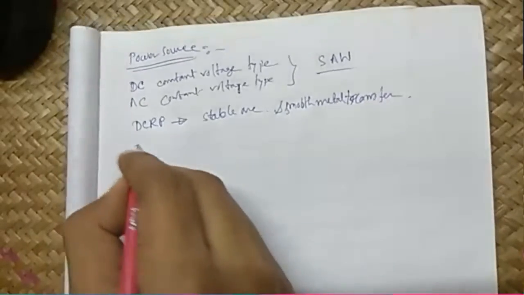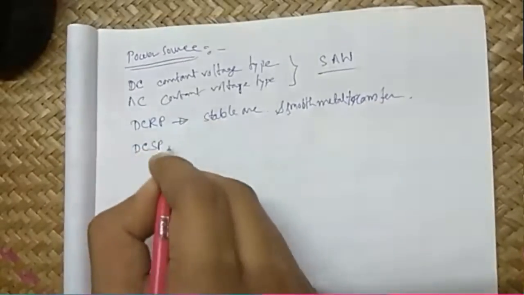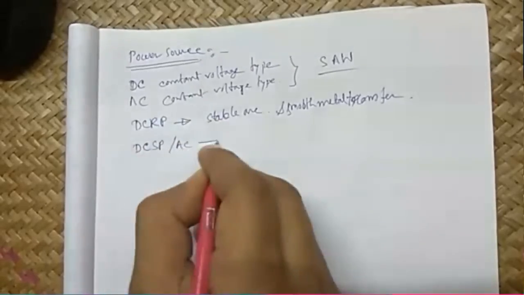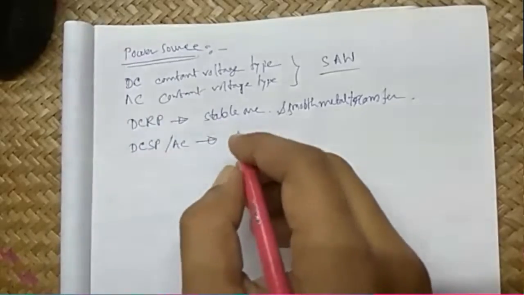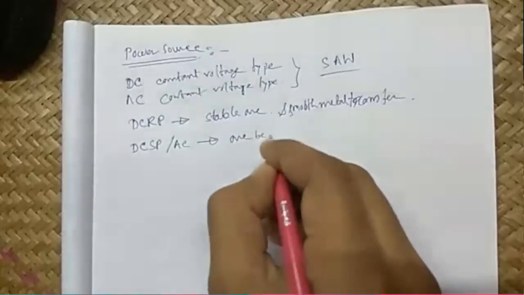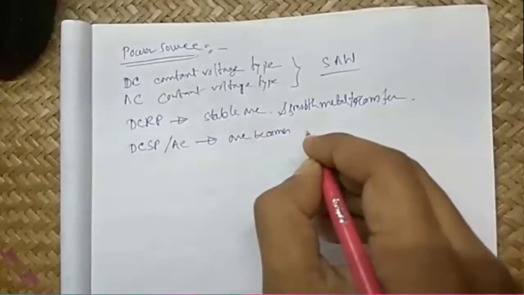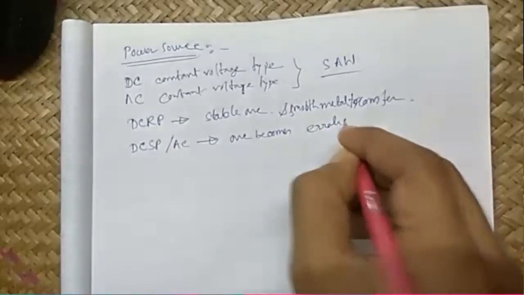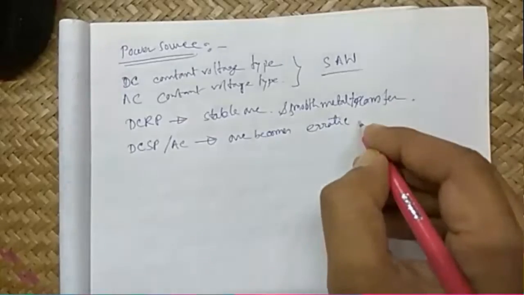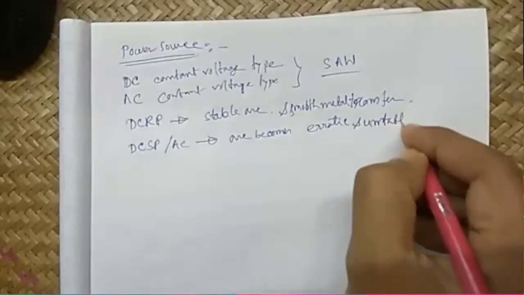If you use DCSP or AC, then there will be a problem as the arc becomes erratic and unstable.